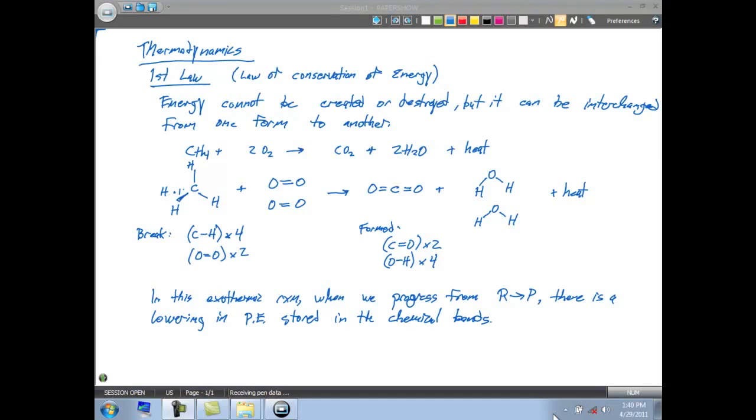And basically, what we're seeing in this case is we have potential energy being converted to thermal energy.